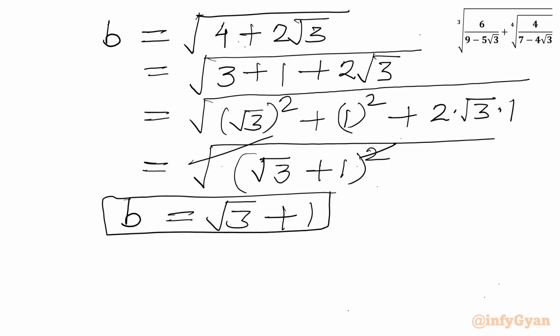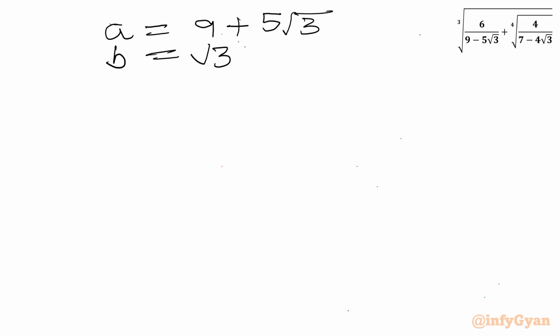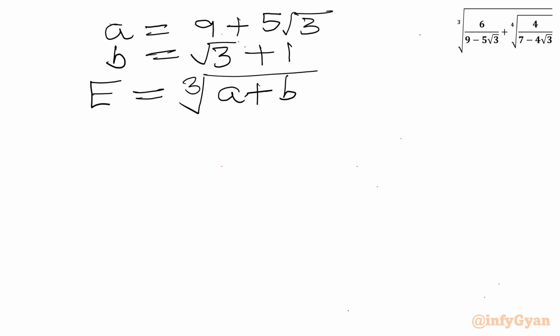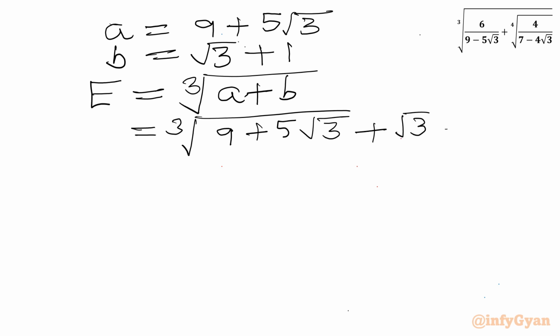Let's calculate our expression. So A is equal to 9 plus 5 root 3. B is equal to root 3 plus 1. Expression E was cube root of A plus B. So I can write here cube root of A is 9 plus 5 root 3, B is root 3 plus 1.